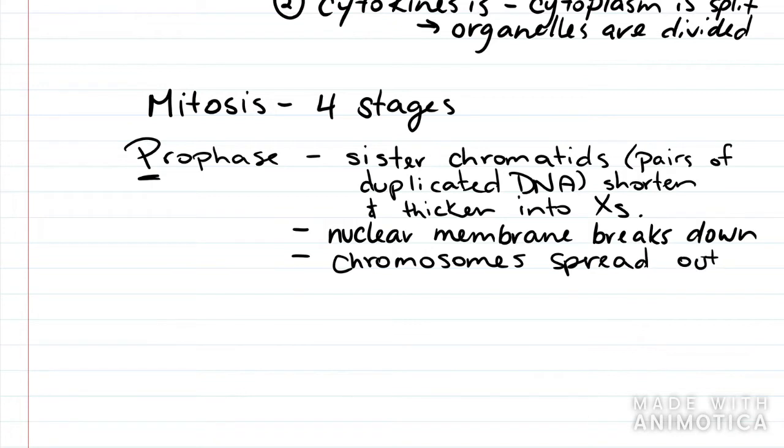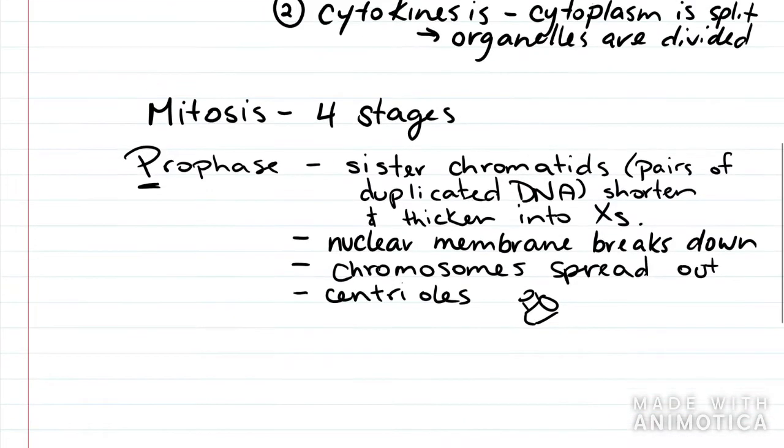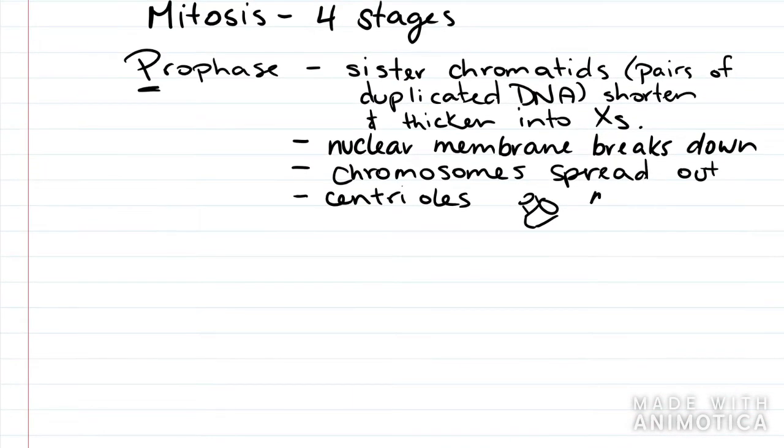And then last but not least, the centrioles, which you've probably never heard before. Centrioles are these tiny, almost barrel-shaped organelles. They're usually only found in animal cells, and these guys move to the opposite poles of the cell.